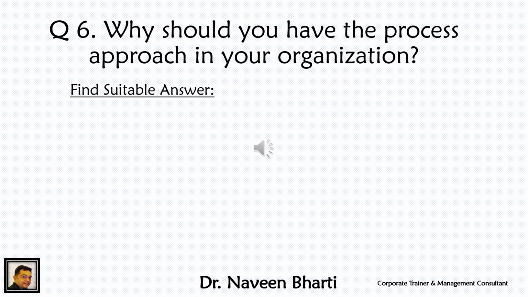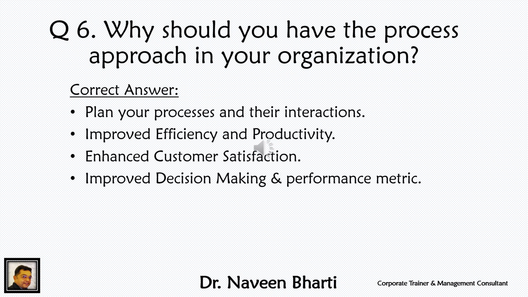Why should you have the process approach in your organization? So you should have the process approach in your organization so that you can plan your processes and their interactions accordingly. That would improve the efficiency and the productivity, and the customer satisfaction will be enhanced, and this will improve your decision making and the KPIs around the process.